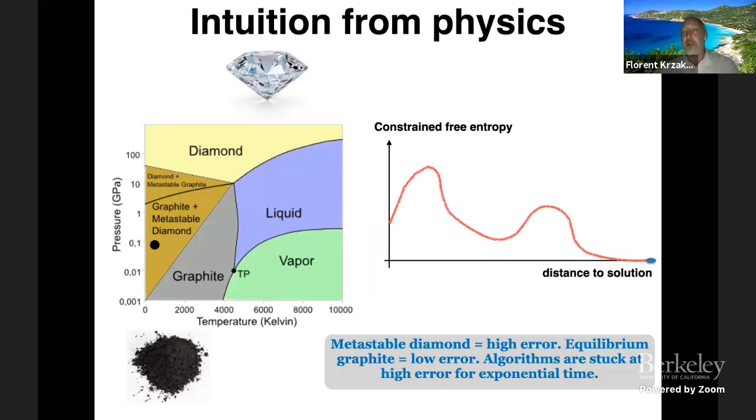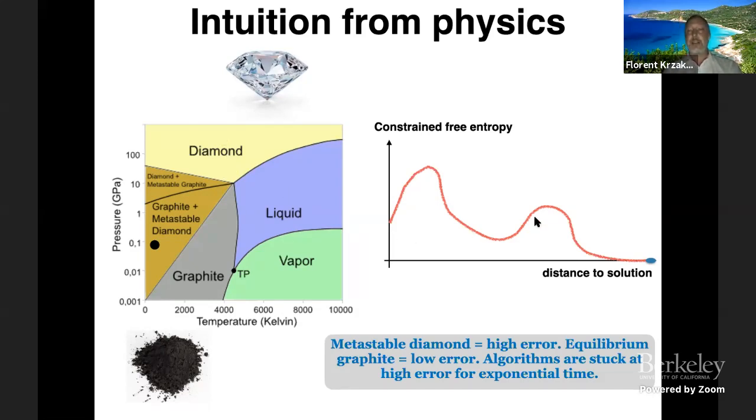Now, physicists are really used to this potential and its maximization. In fact, our whole understanding of condensed matter theory and phase transitions in the world is based on this. We compute these for materials, and nature is just like us here. Nature is trying to minimize free energy or to maximize entropy. So you have this function, and it moves locally, trying to do something. Now, if you study phase transitions, you will know, for instance, that diamond is not the true minimum of the free energy, or it's not the maximum of the entropy.